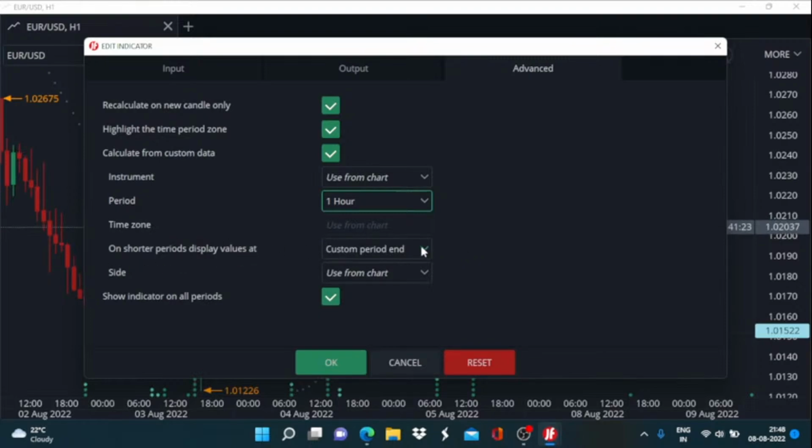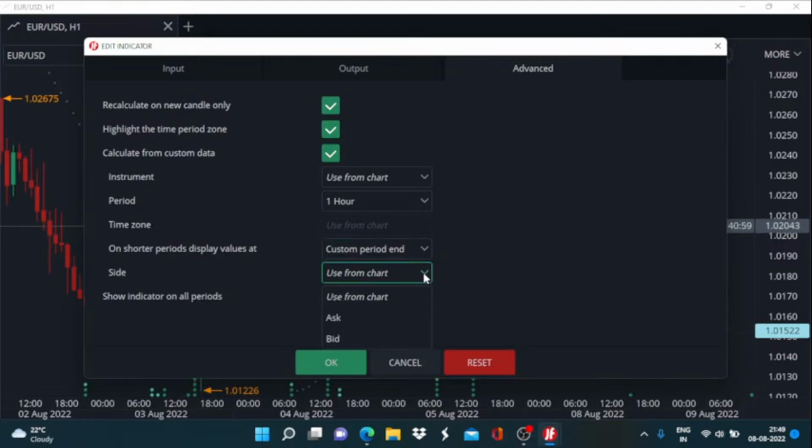Display values at custom period end: whatever customization is done, if you want the same values to appear, say if you are using a 15-minute chart, then you have to opt for it, or you can have these options of plotting being done at the custom period start, custom period middle, or each candle. So it is always up to you.